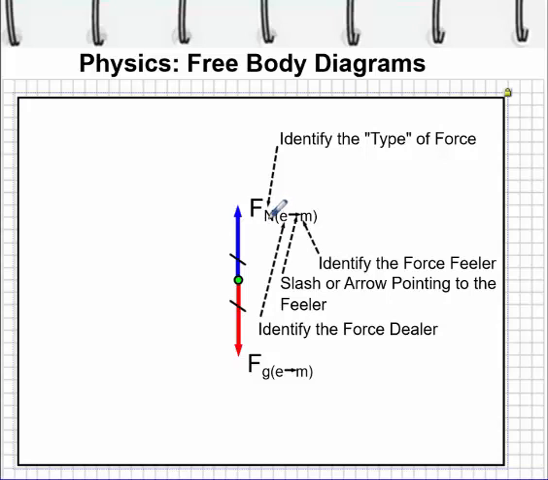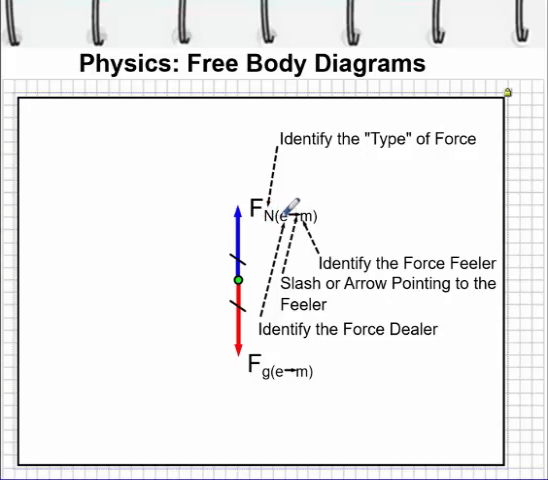If it's a normal force, I like to see it drawn as a normal force, or a tension force as a tension force. If it's a pushing force by hand, you could put a PH or an HP or something like that. So it's some way for you to identify what's causing that force.